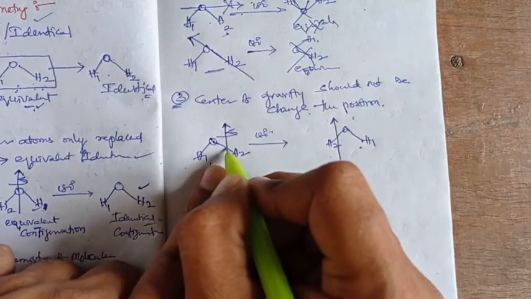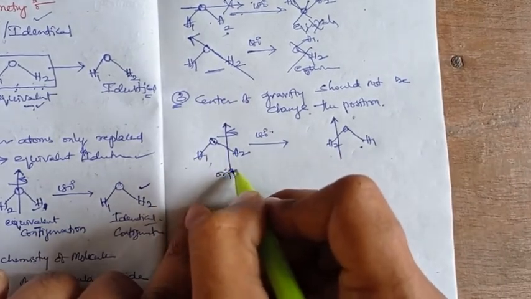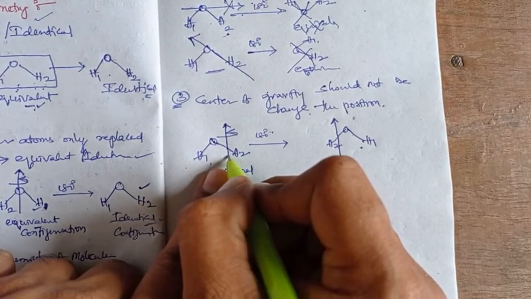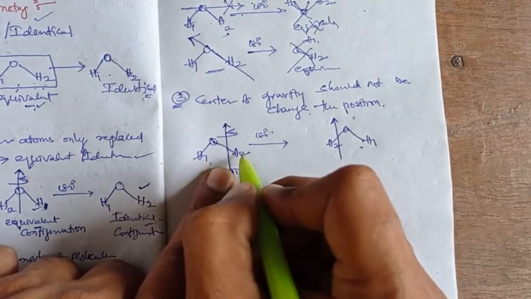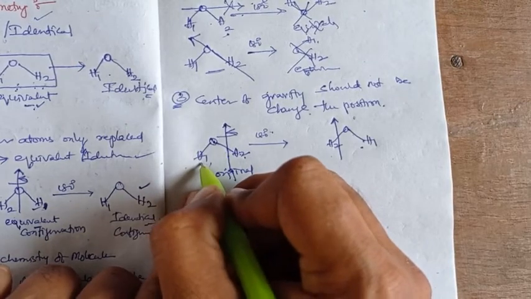So in this original configuration, with respect to the axis we took for the rotation, the right side has only hydrogen, and the left side has oxygen and the H1 hydrogen.